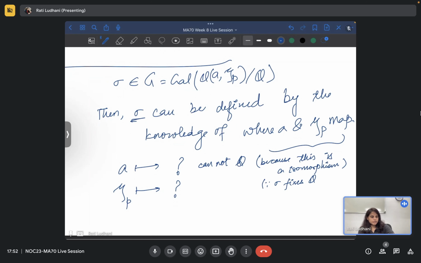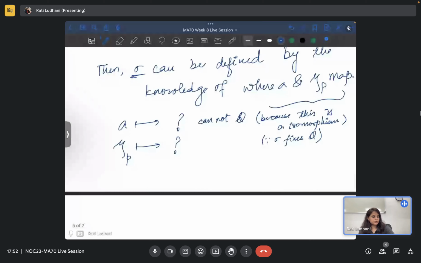But we have one condition, if you remember from the notes. Here a cannot map into Q because this is an isomorphism and sigma fixes Q. Also a does not belong to Q, as we have already seen.